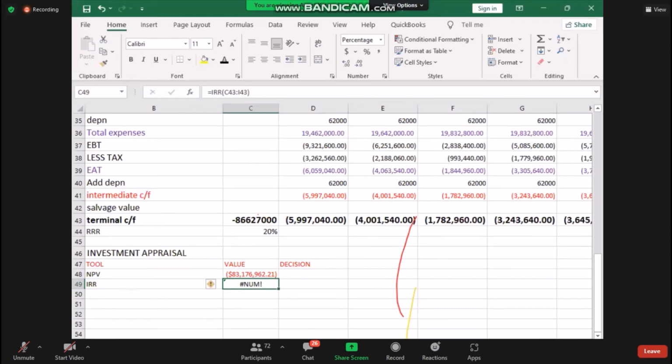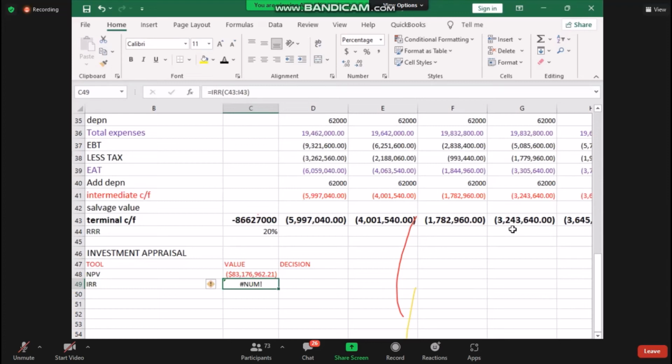Because I have another example here. Let me first see my values. I'm just assuming that most probably because we have only negatives, maybe that's why it's not working.